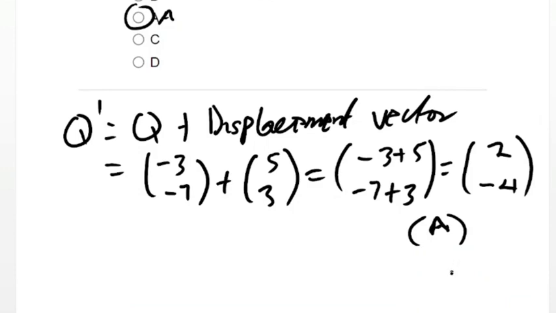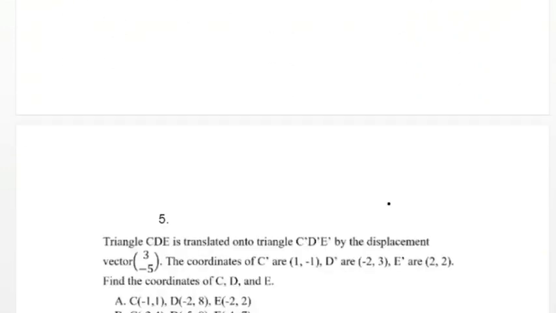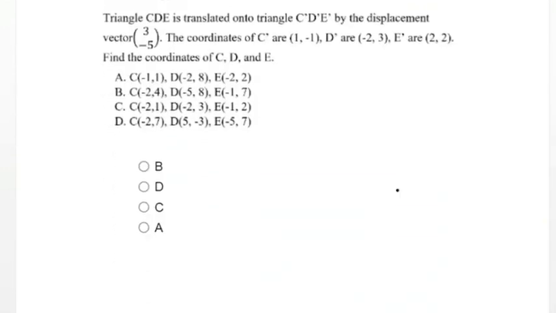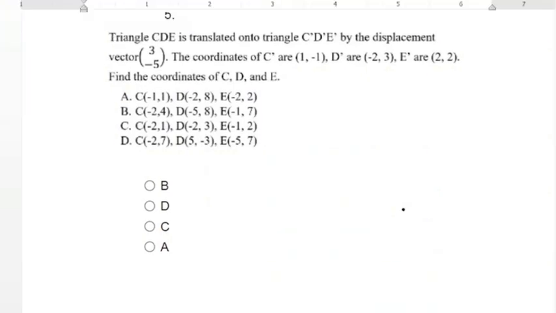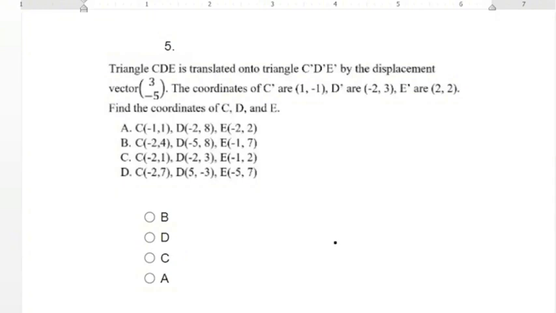Then number 5. The question is, triangle CDE is translated onto triangle C prime, D prime, E prime by the displacement factor 3, -5. The coordinates of C prime are 1, -1, D prime is -2, 3, E prime is 2, 2.